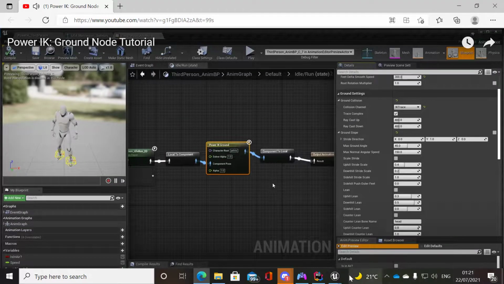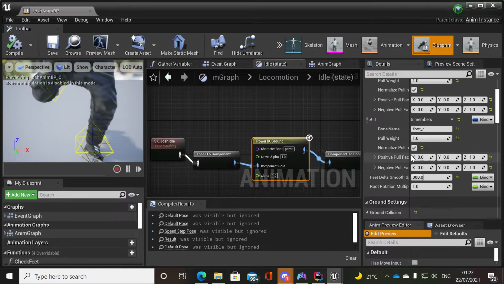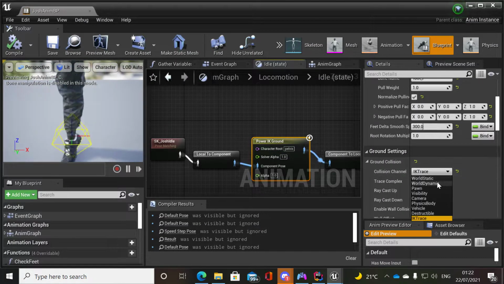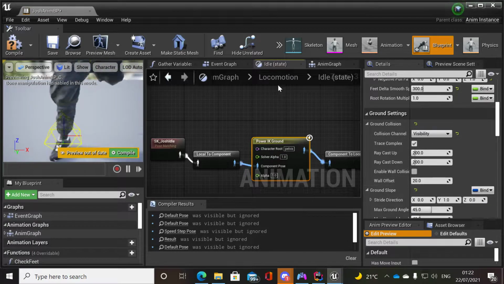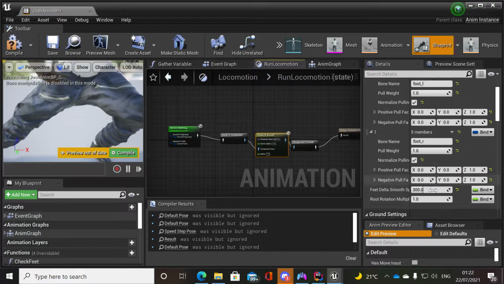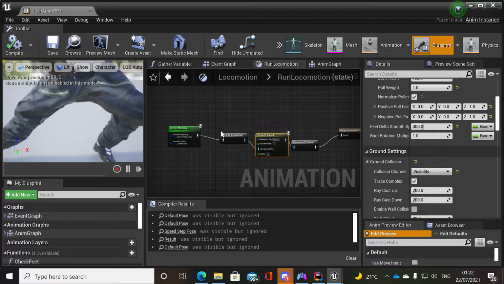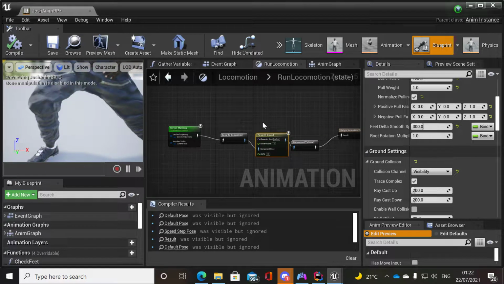Can we set it back to visibility in the IK trace? I just want to check that maybe we don't have anything that collides with and generates those glitches. Because it didn't have those glitches, right?